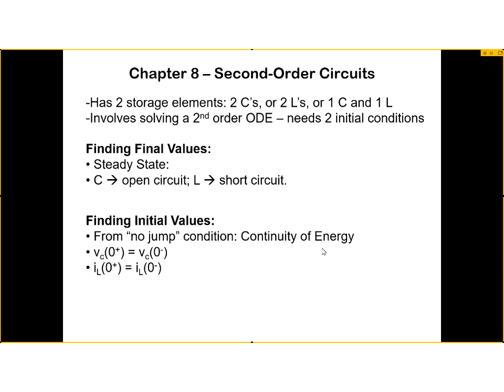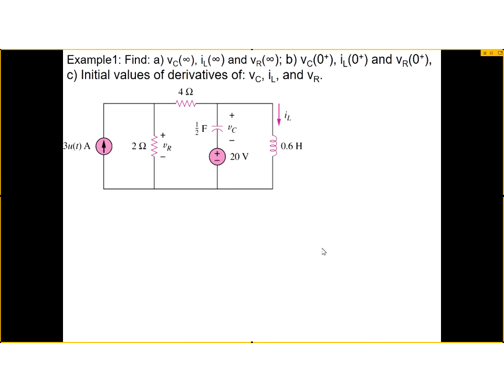In addition to finding initial voltage and current, if you remember what I said about differential equations, you have two initial conditions: the initial value of a variable and the initial value of its derivative. Those pairs of initial values are supplied by your differential equations teacher when they ask you to solve a second order differential equation. For us, we'll have to find those initial values of derivatives, and those could be challenging.